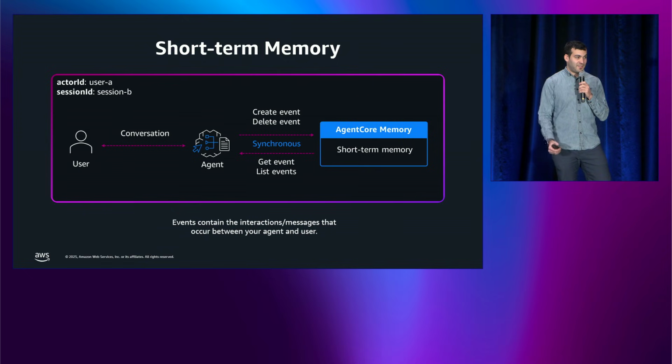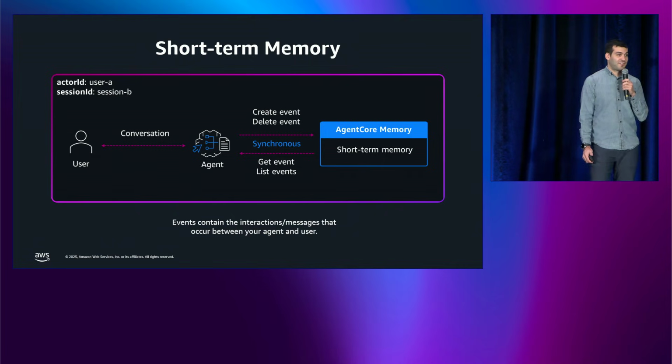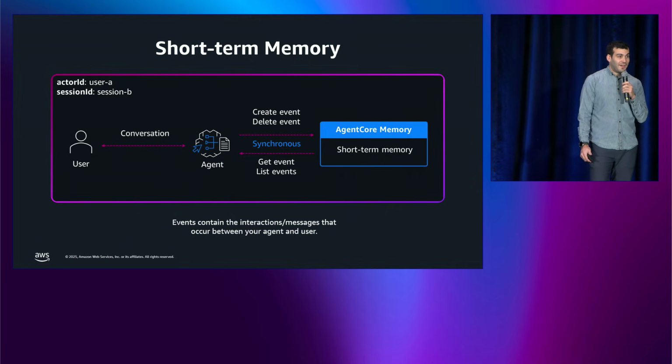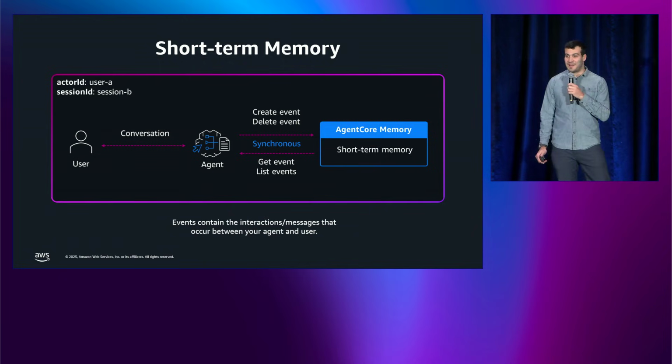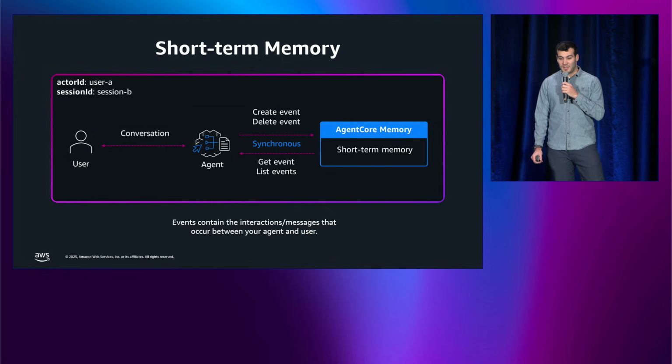The actor ID and the session ID can be used in conjunction with the events, with that raw information, for easy context tracking. Events can contain your conversation history, they can contain metadata, and they can also contain blob payloads, so images or audio, things like that.